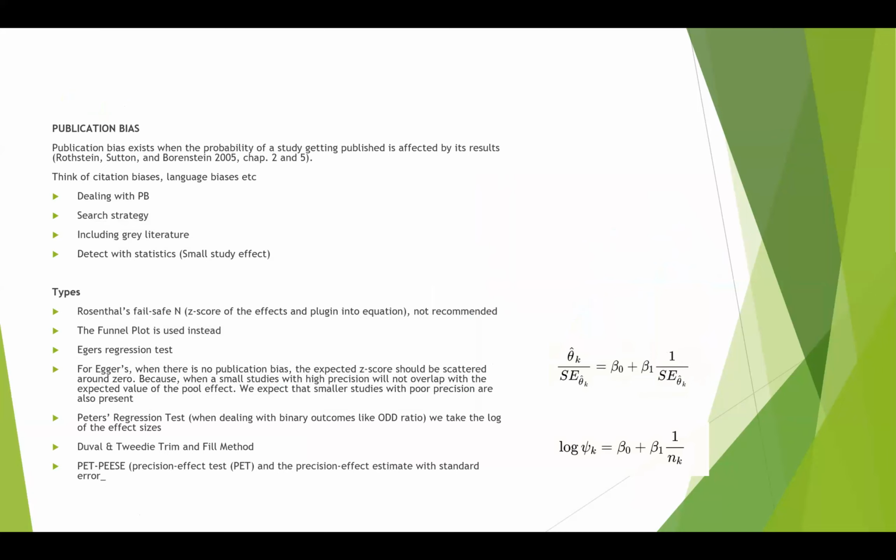My eyes can only detect patterns, but they can't tell me quantitatively what pattern I'm looking at. We saw from the picture that on the right-hand side there are some points outside of the funnel. But how do you know how statistically significant these asymmetries are? Our eyes can't answer this question for us, which is why we need some form of statistical test to do this.